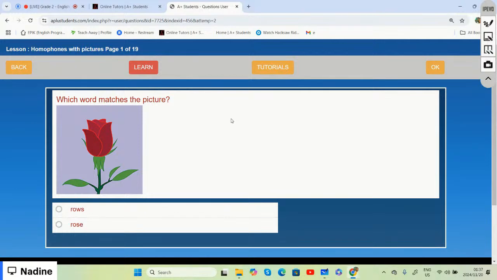We now need to choose the word that matches the picture that we see. So is it the first rose, option one, or the second rose, option two?